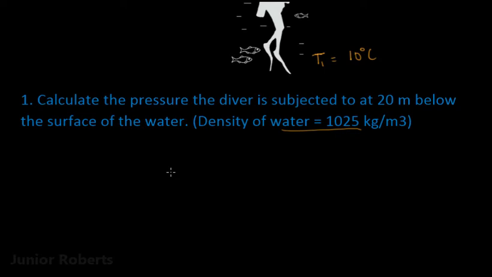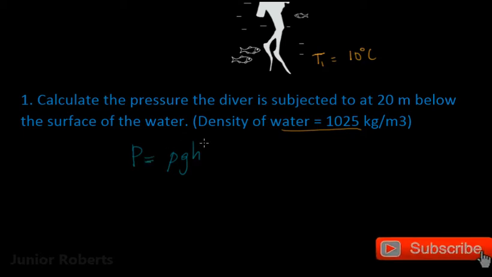So we have a formula which gives us a relationship between the pressure and the depth, and that formula is P, which stands for pressure, is equal to rho g h, where P is our pressure in pascals, rho, which is a Greek symbol, is our density in kilogram per meter cube, g is the acceleration due to gravity, and h is the height or the depth of the substance in the liquid or the fluid. So, using this formula, we'll be able to determine the pressure that the diver is experiencing at 20 meters below the surface.